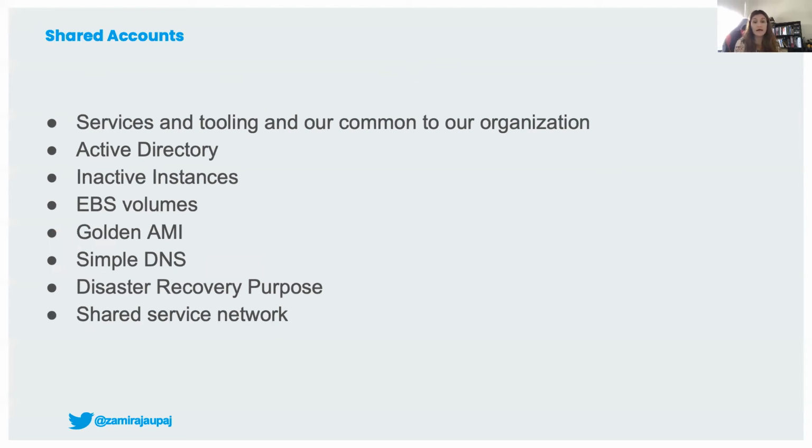However, you can add more accounts for different purposes. For example, a centralized directory, Active Directory for single sign-on integration, perhaps some infrastructure scanning or EBS volume, golden AMI, DNS, cross-account IAM role, etc.